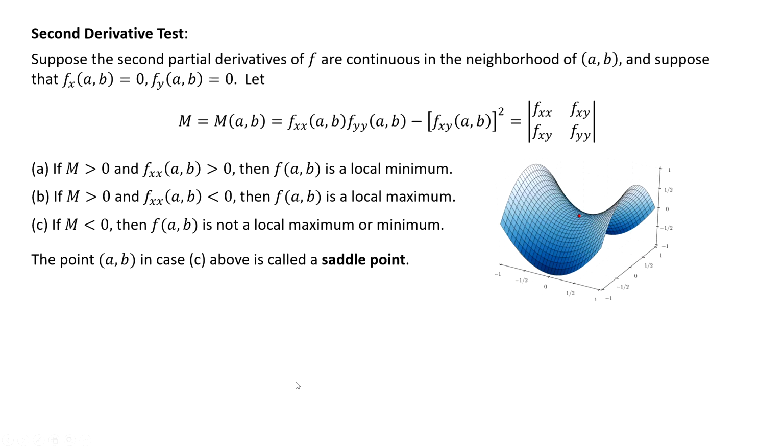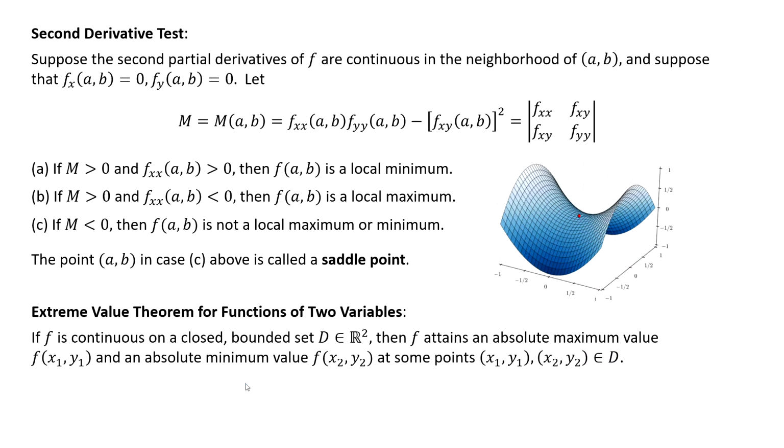What else? Extreme value theorem for functions of two variables. Earlier we saw the extreme value theorem for y equals f of x, a function of one variable. Now let's look at two variables.